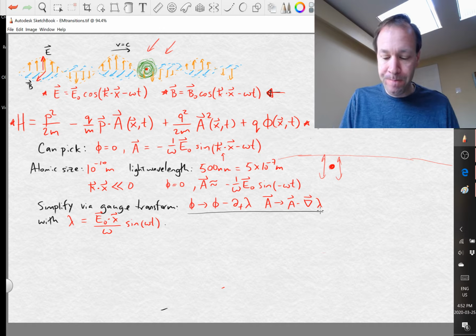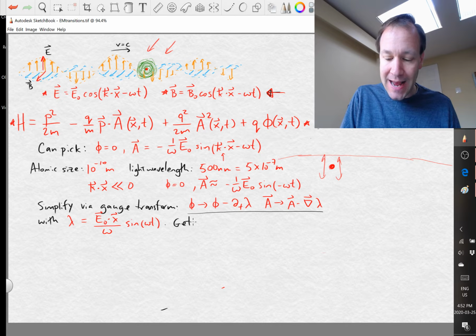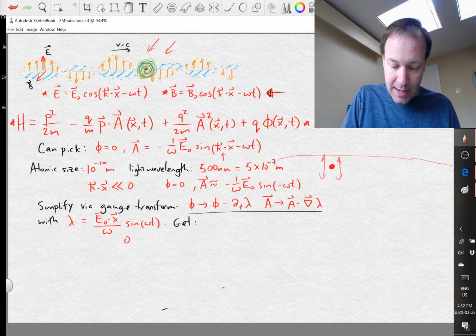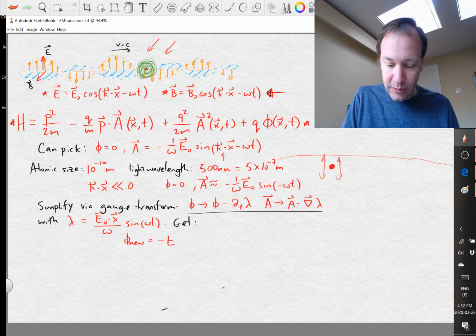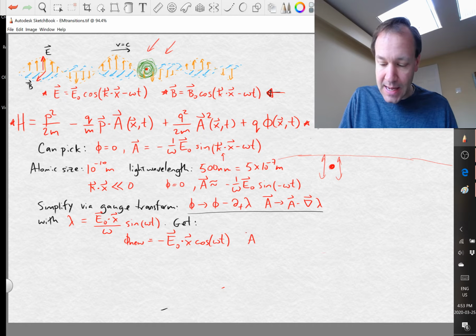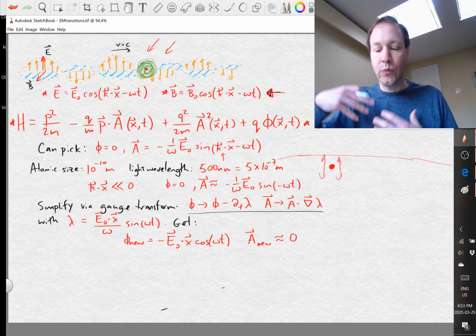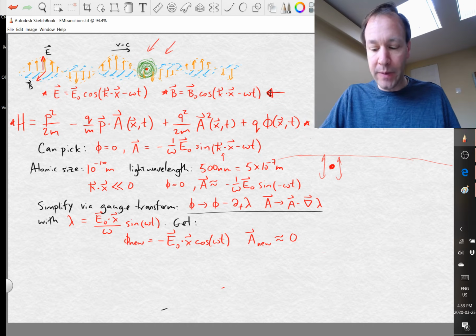After we make that choice, we find that phi is not 0, it's equal to minus E0 dotted with x times cos of omega t. And the A after our gauge transformation is basically 0 within the approximation that we were making above.